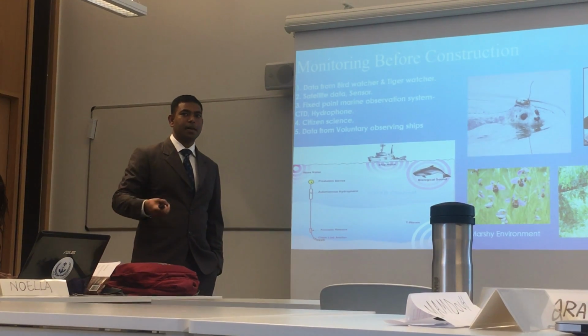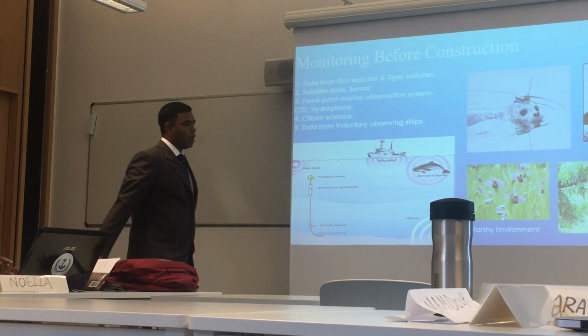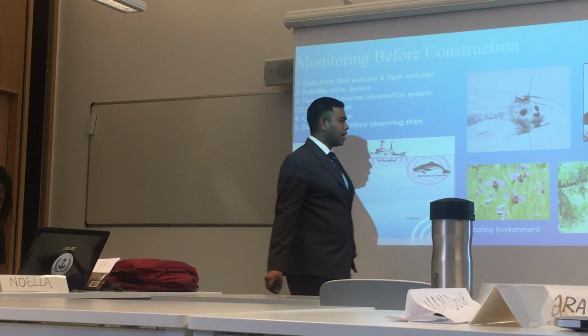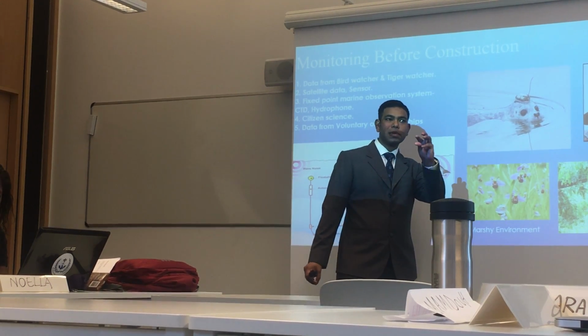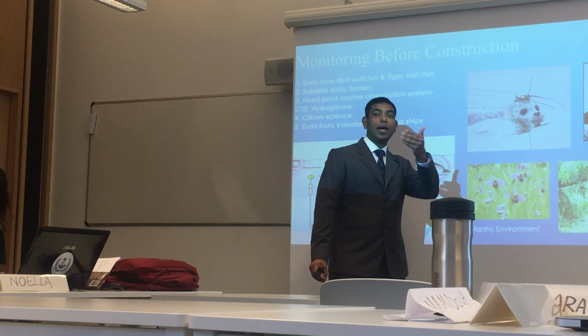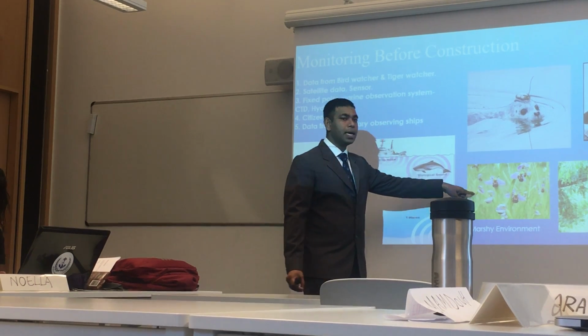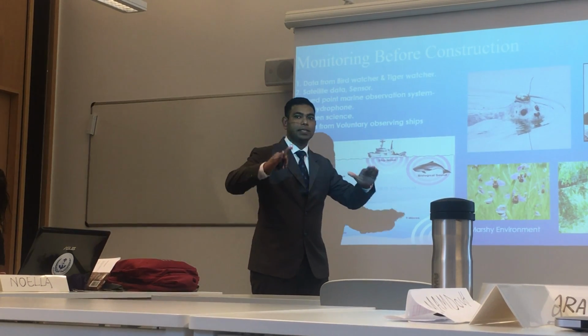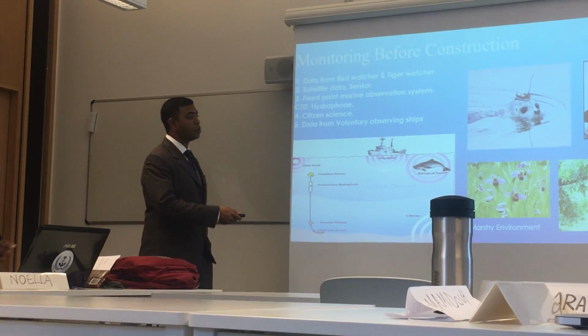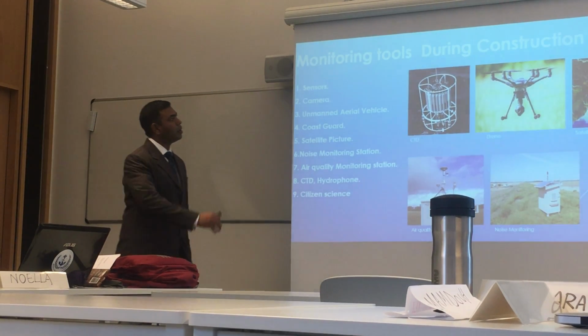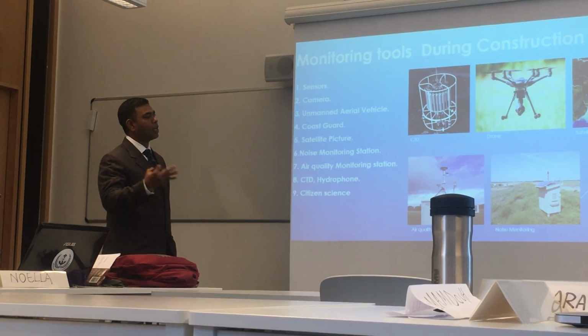Those who can give us data, and we can use some environmental indicators like this orchid. They show us some different environments where they can grow. So once we can see this, we can say okay, the environment is good. So these are the monitoring tools during construction. What are the tools you can have?